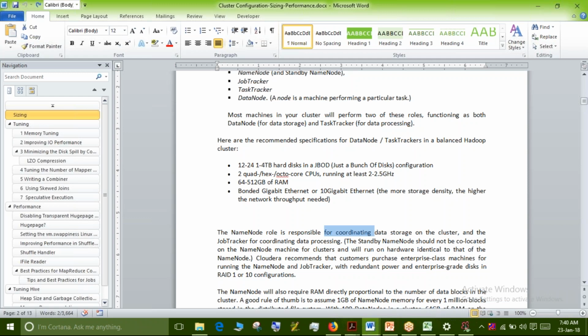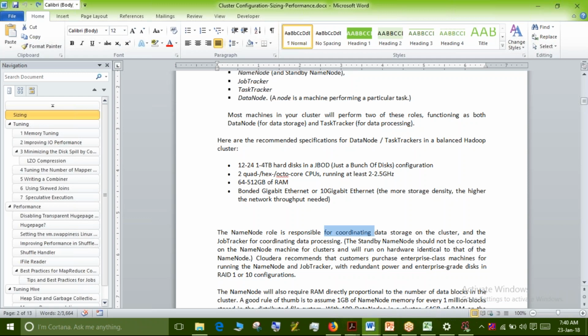Cloudera recommends the customers to buy or to spend on enterprise class hardware. Enterprise class hardware, I mean, the hardware that we use for setting up your enterprise data warehouses, EDW.